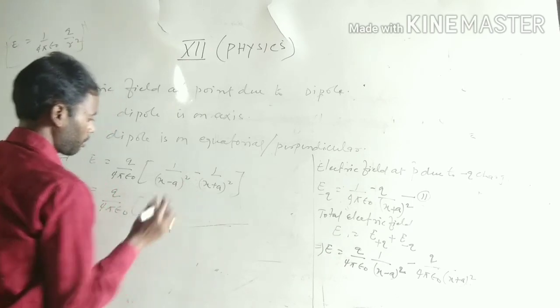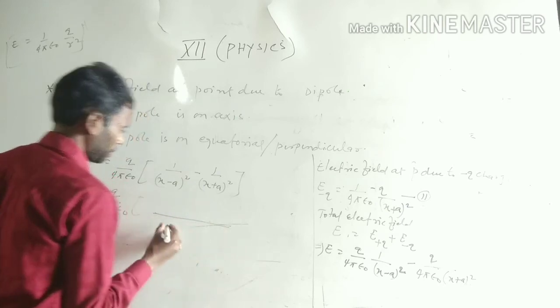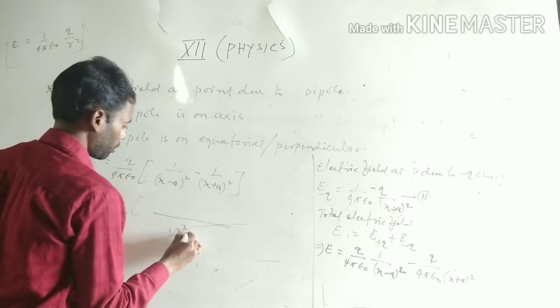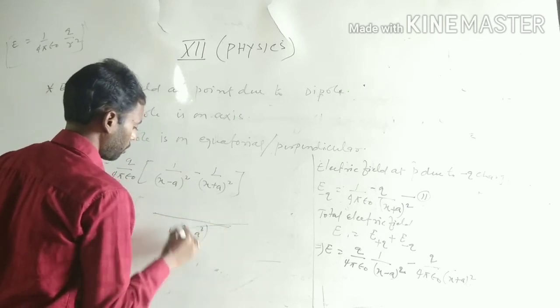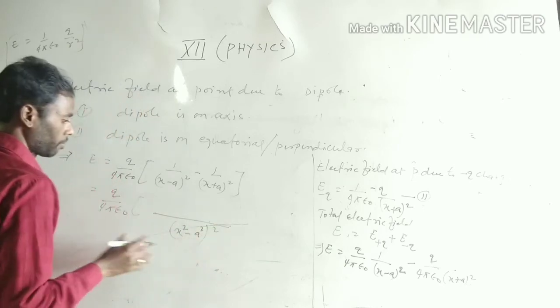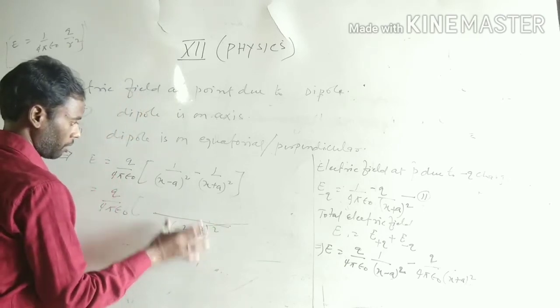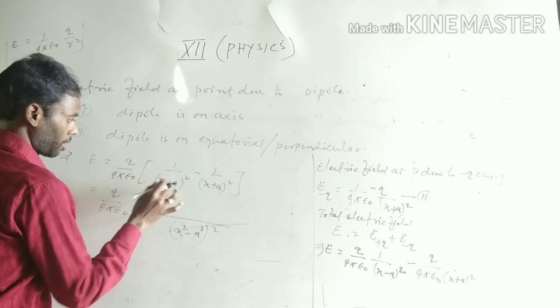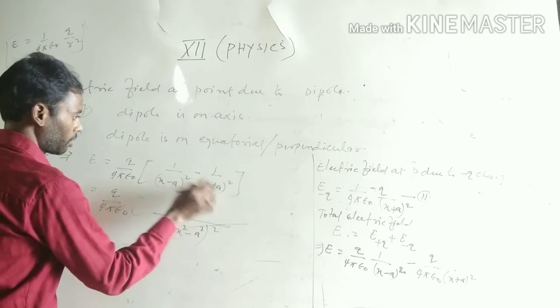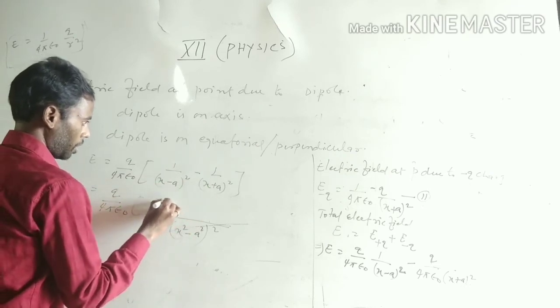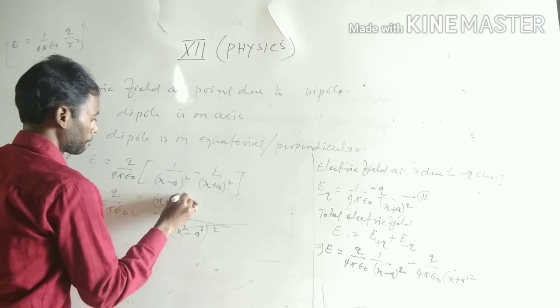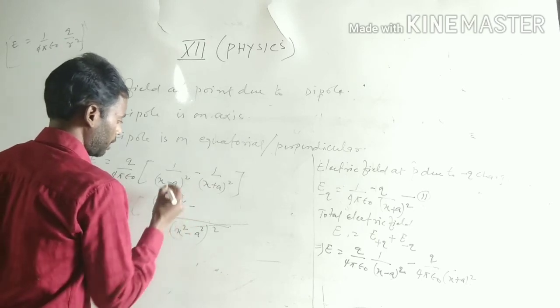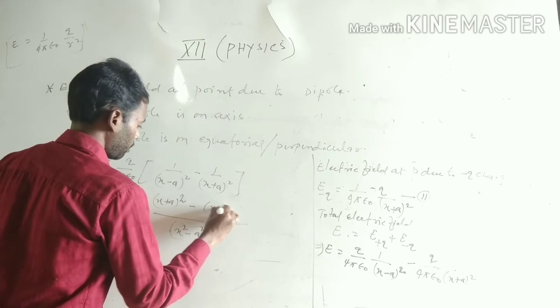We have to take the LCM: x square minus a square whole square, divided by this one. Then the x minus a term will cancel out and go upside, with the minus sign, this term will become.